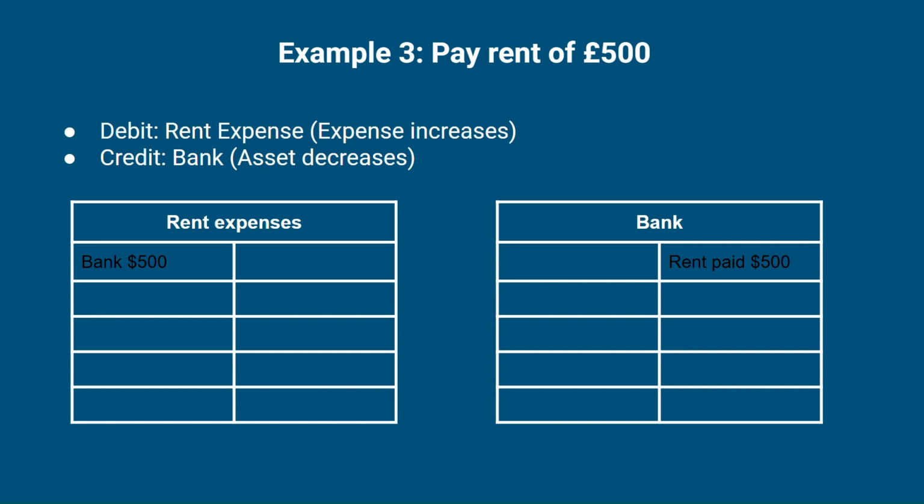So the business is gaining an expense for the future of the business, for the cafe to continue working. Otherwise, you can't actually use the cafe. So we debit the rent expenses account, and we say that's £500 or dollars, and we put the detail as bank.